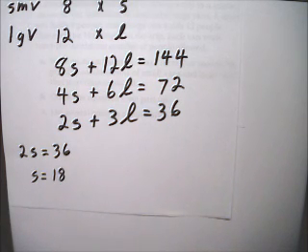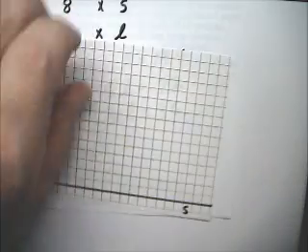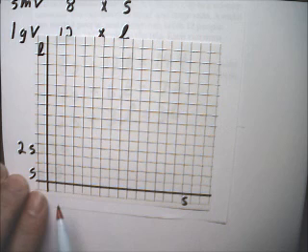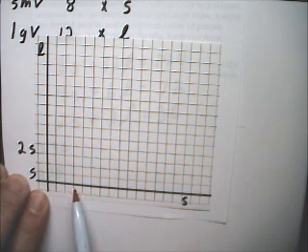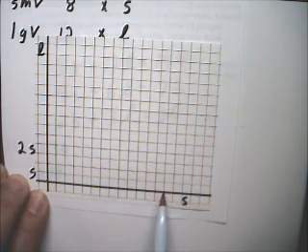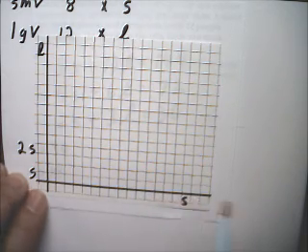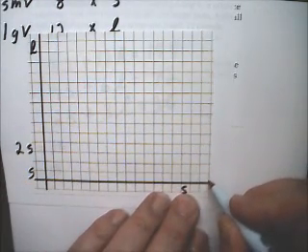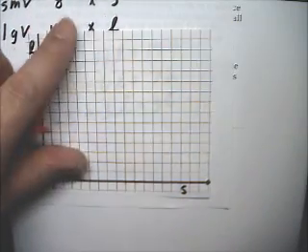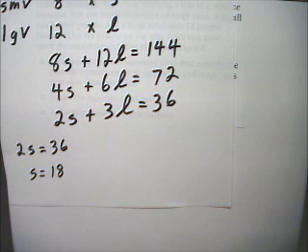So on my graph, I've made a graph already, and the S-intercept is 18. 1, 2, 3, 4, 5, 6, 7, 8, 9, 10. The last point there, that's 18. And now I'll figure out the L-intercept.